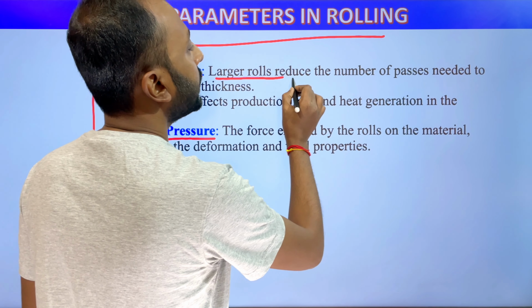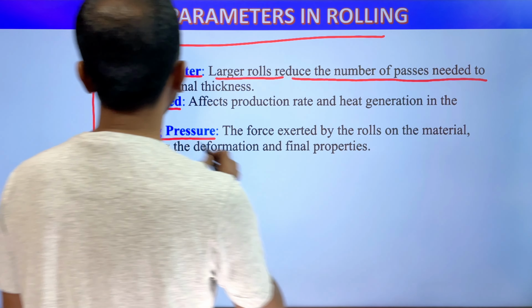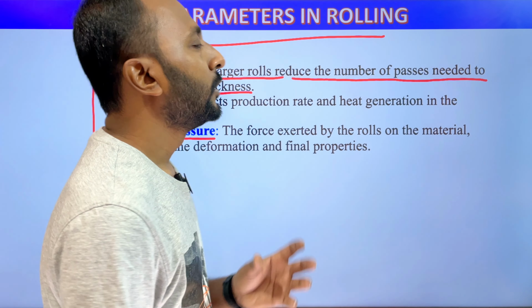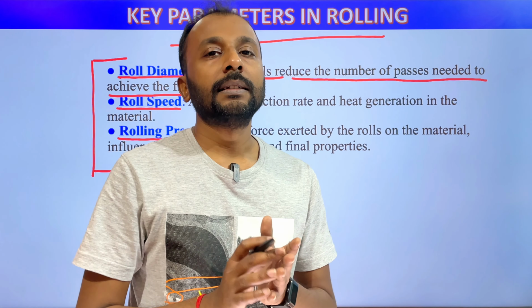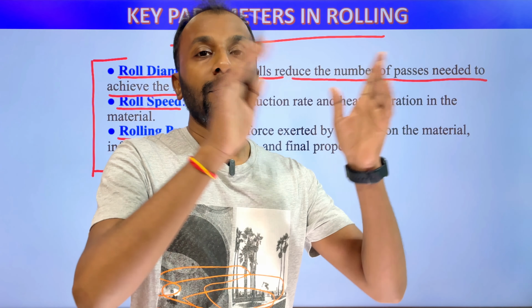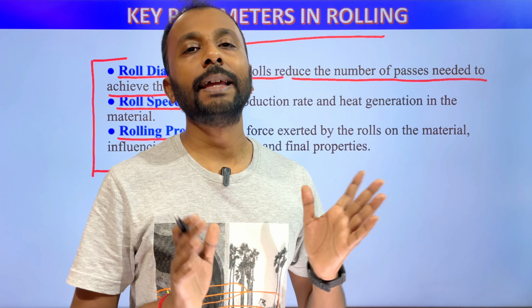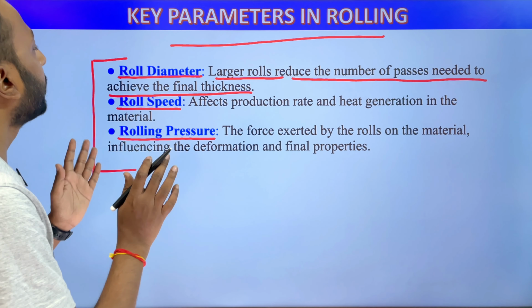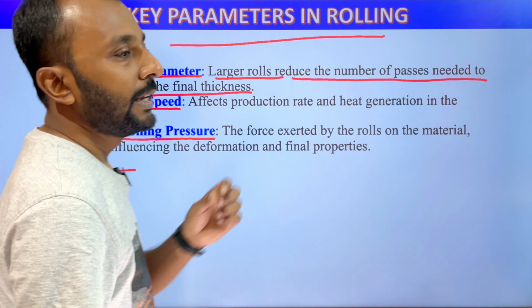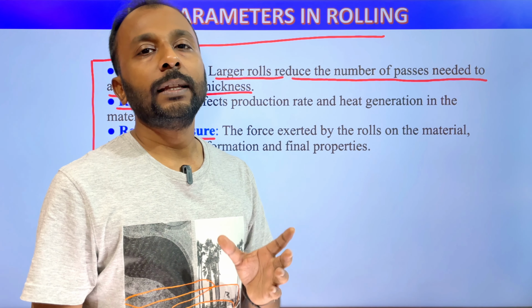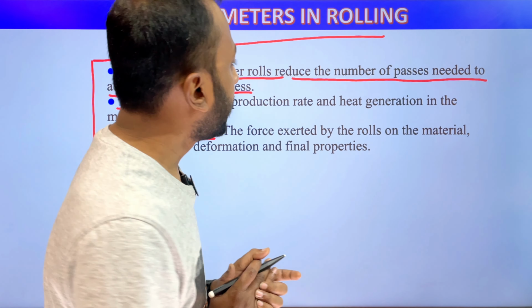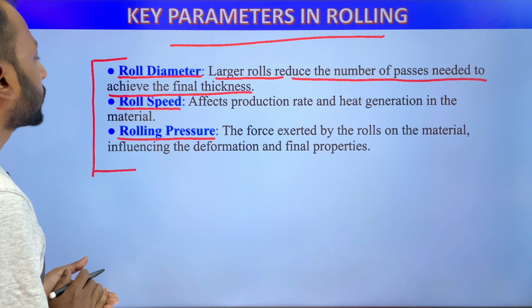Larger rolls reduce the number of passes needed to achieve the final thickness. If the roll diameter is larger, then we get the final thickness of the product in fewer passes. But if the roll diameter is smaller, then we have to pass many times to get the desired shape or thickness of the product.